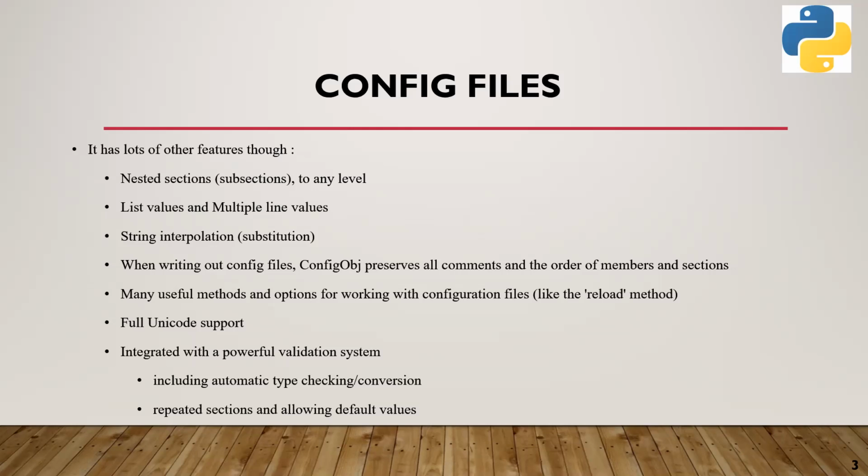Many useful methods and options for working with configuration files, like the reload method, then full Unicode support, integrated with a powerful validation system, including automatic type checking, conversion, and repeated sections, and allowing default values.